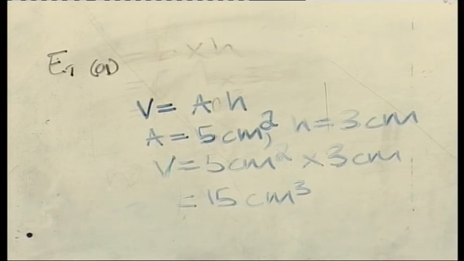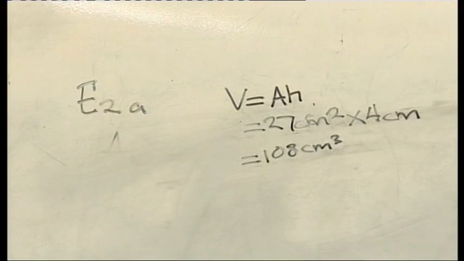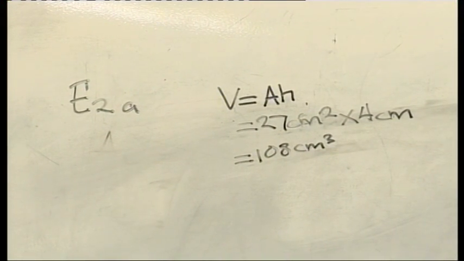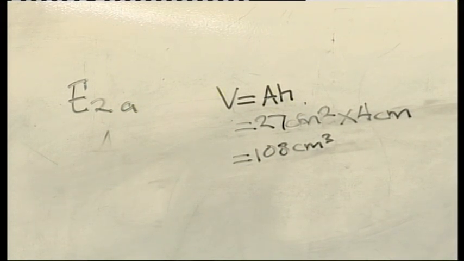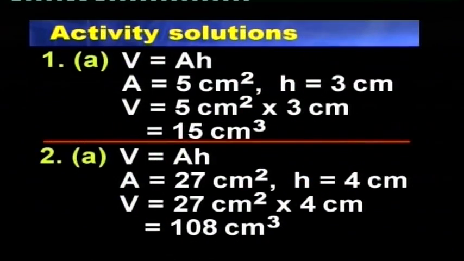Exercise number 2, where the area of the base has been given, which is 27 square centimeter times the height 4 centimeter, we end up having the volume of the prism as 108 cubic centimeter. So receiving students and 7Es, please make corrections.